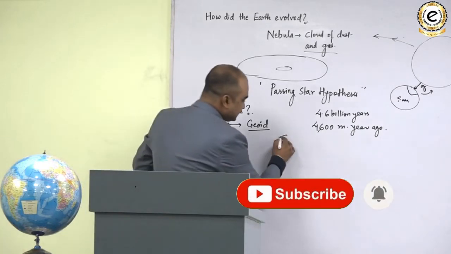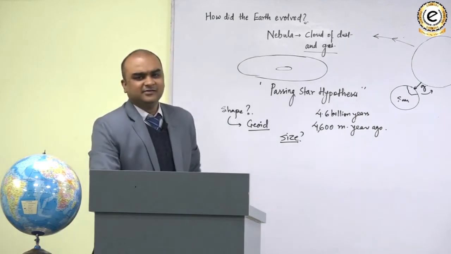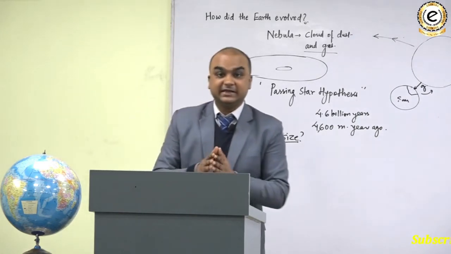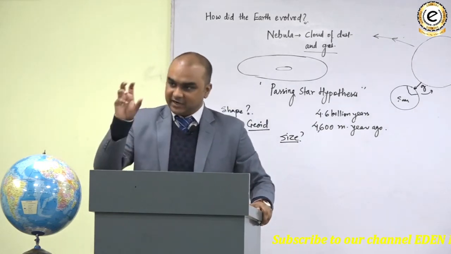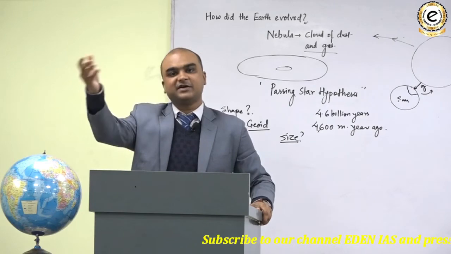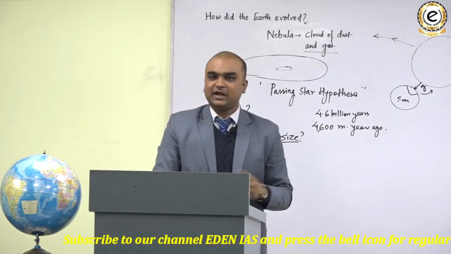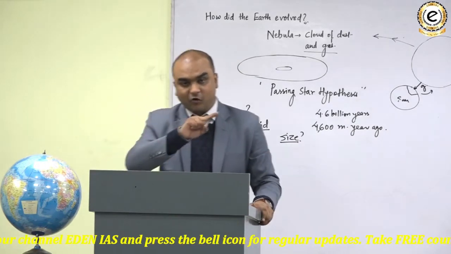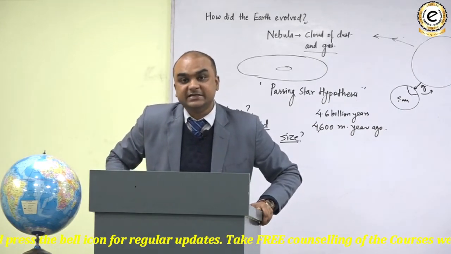What is the size of the Earth? Now, when we talk about the size of the Earth, we can talk either in absolute sense or in relative sense. Relative sense means relative size of Earth with respect to other celestial bodies or other planets in the solar system. I already told you that in terms of volume of all the 4 terrestrial planets, Earth is the largest.